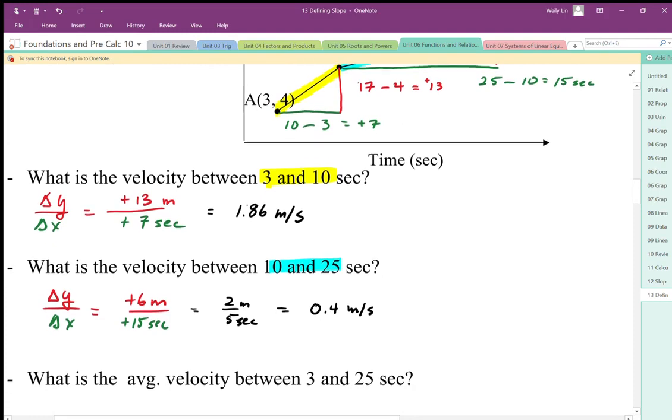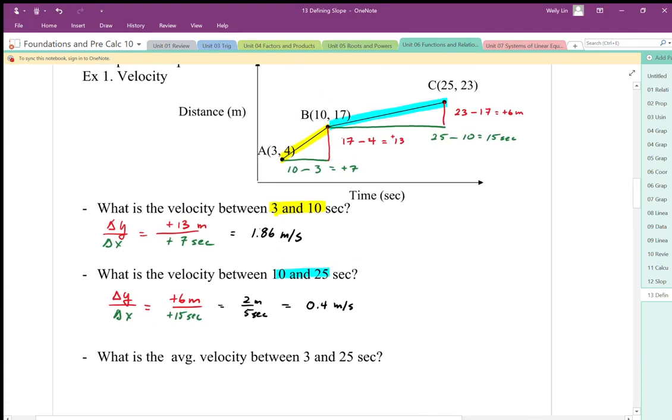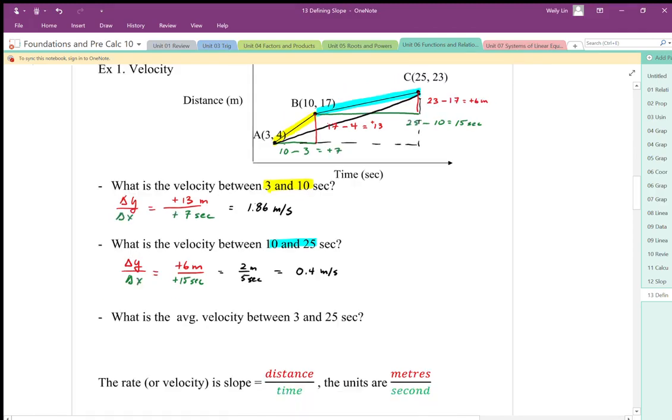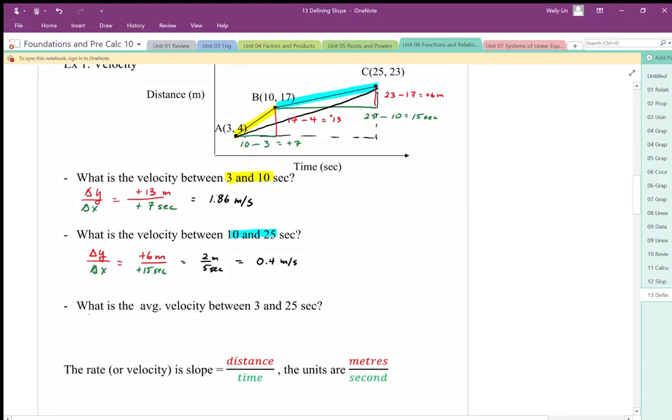We want to also find the average velocity between the 2 points, between the start and the end. So the average velocity is going to be the slope of this black line here. Okay? And to find the average velocity, I'm going to find the change in the y over the change in the x. The change in the y in this case is going to be, we ended at 23 meters, we started at 4 meters.